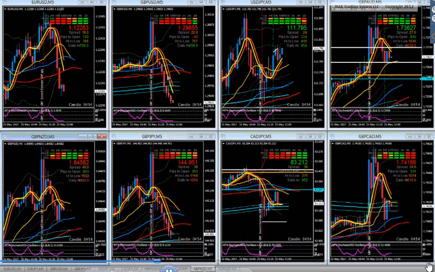And in the CAD yen, the entry setup to go long is no longer valid. Perhaps another one will appear here. And nothing significant in the pound Aussie and in the pound CAD.